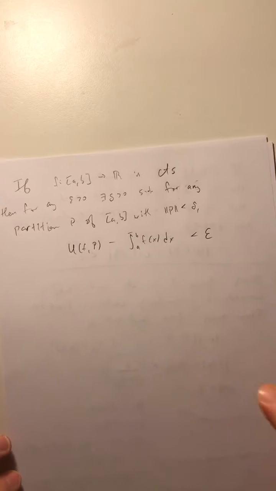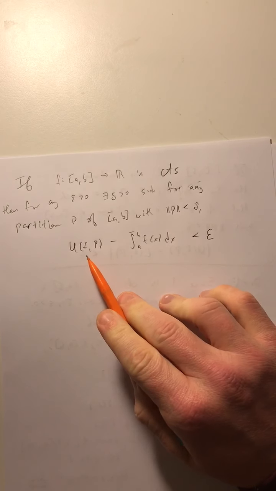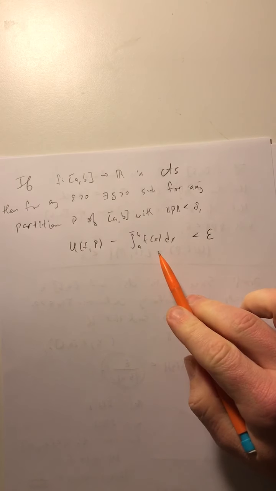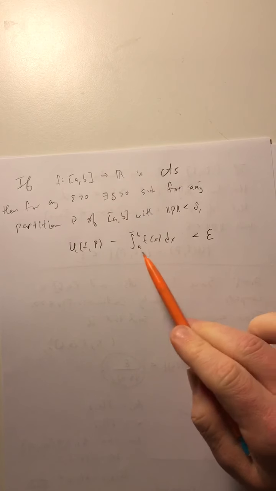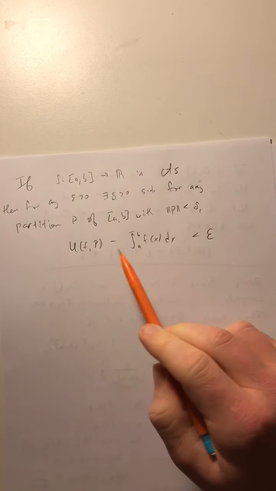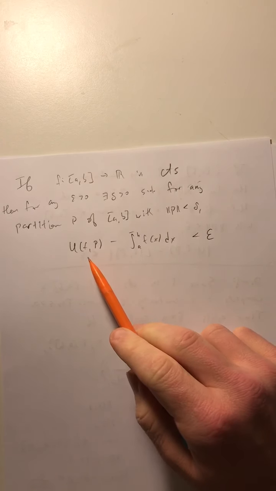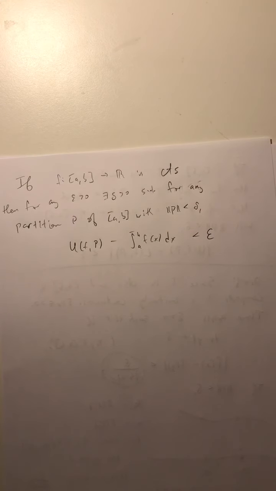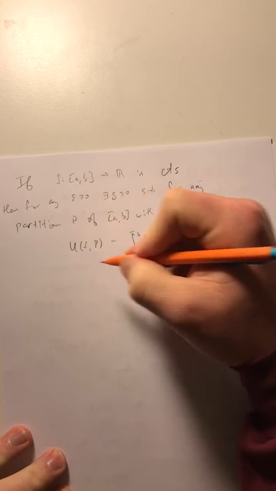But I don't need absolute value because I know this upper Riemann sum is greater than or equal to the upper Riemann integral, because the Riemann integral is the infimum of things like this. So it's at least this small, possibly smaller. So I can put the absolute values here if I want to.